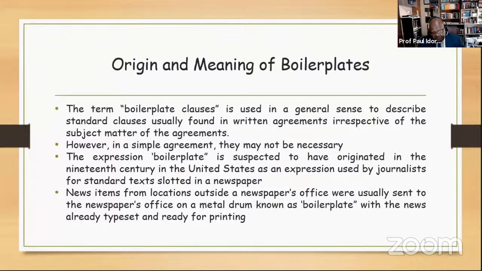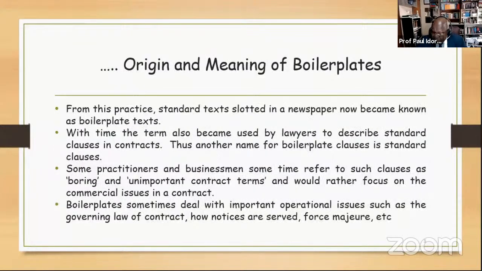Now, what they do is to have what we refer to as metal drums. The metal drums are only preset. So what the correspondents do is just fill in the metal drums and forward to their headquarters in a shape already typeset, ready for printing. That's how the discussions about boilerplate started.